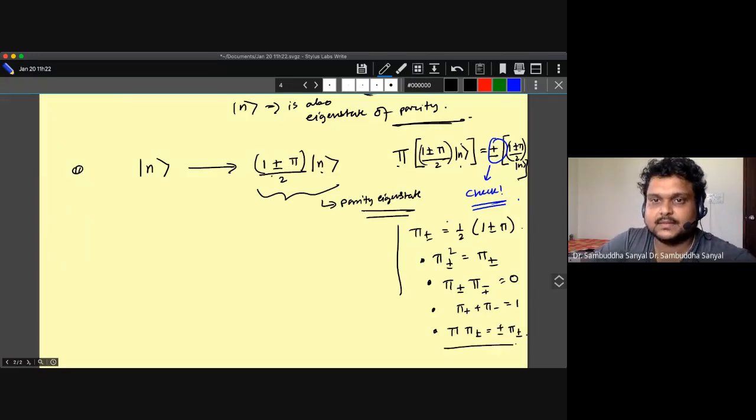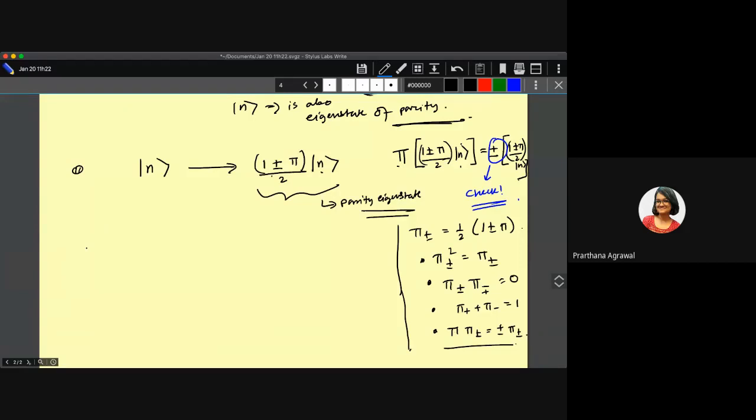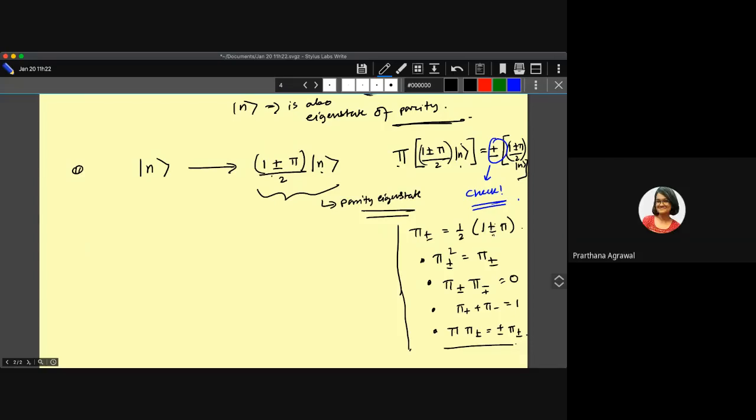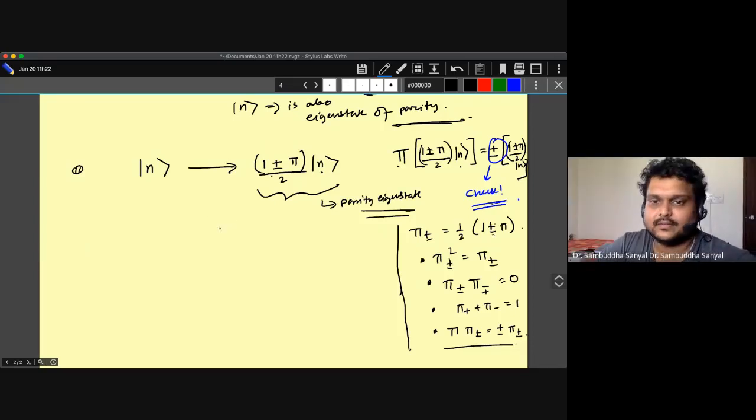So this tells me that this whole thing is Π±. So I think it will be plus minus. I think it is right, but you check it and let me know. What does the subscript plus minus mean? Plus minus subscript means just this plus and minus, just to remind you. It's just a naming.